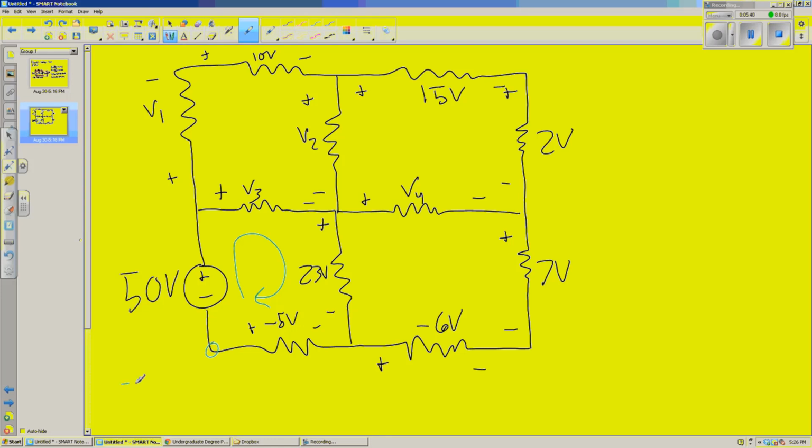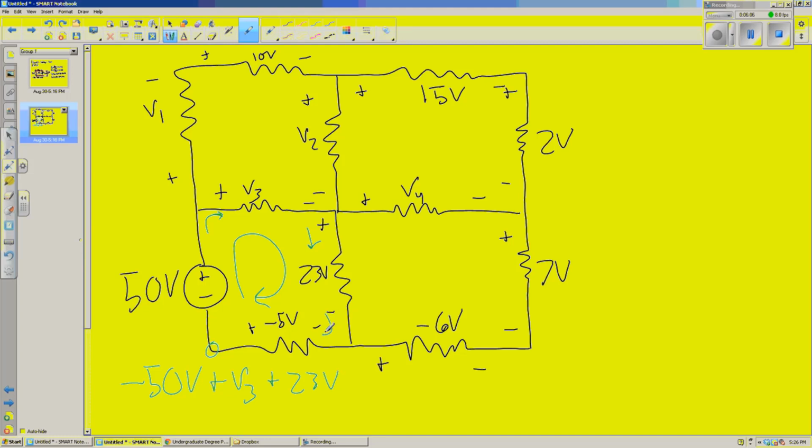up through the source. Since we hit the negative side, we go negative 50. Up through there, hit the positive side of V3, so positive V3. Down through our 23 volts here, again adding because we hit the positive side.